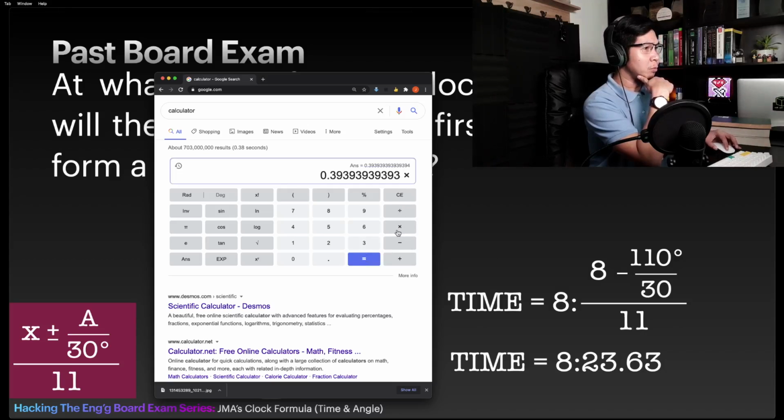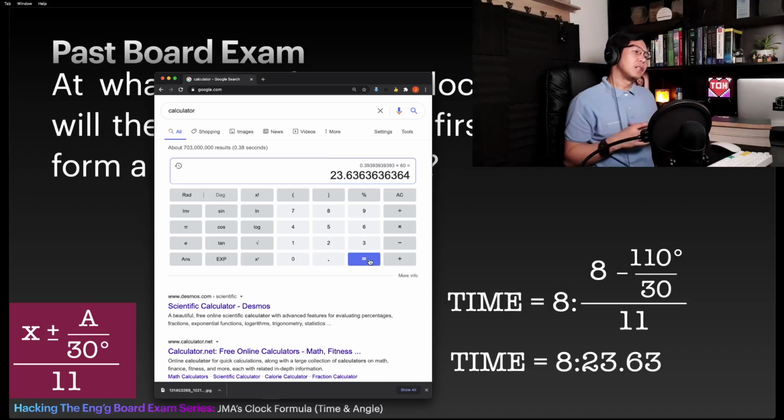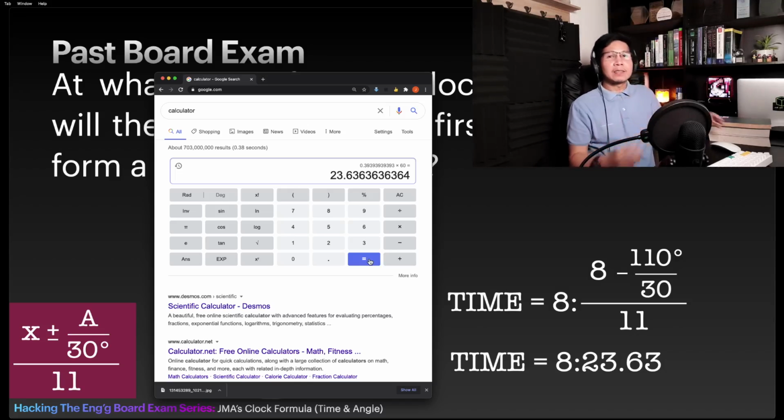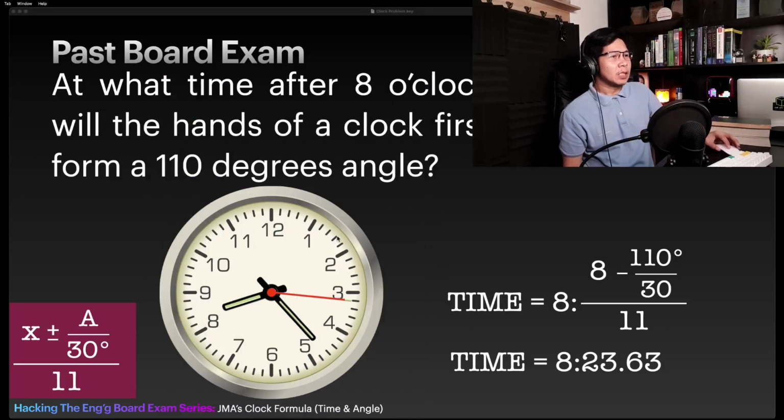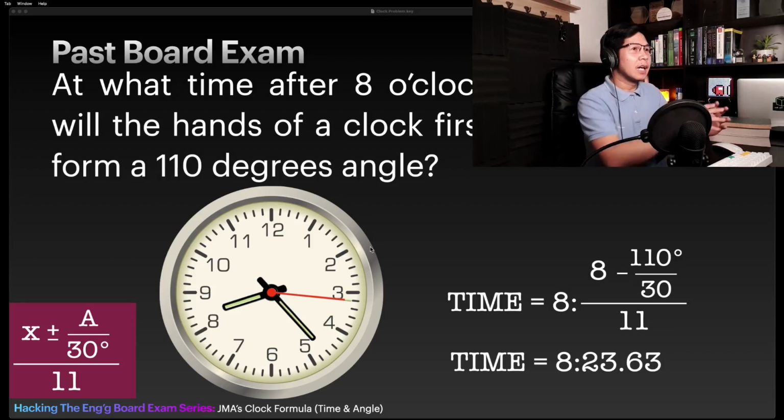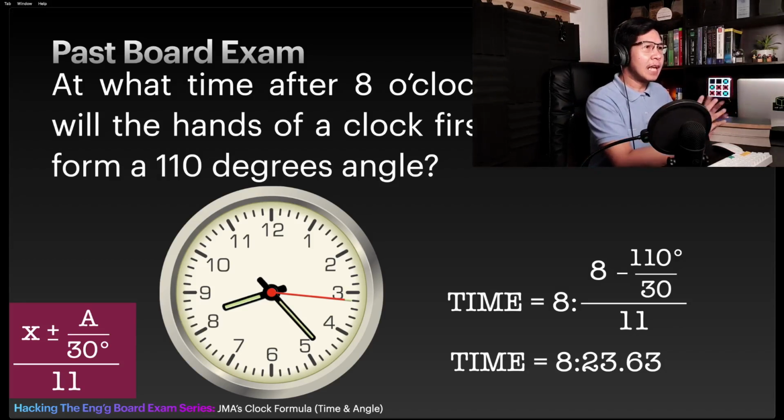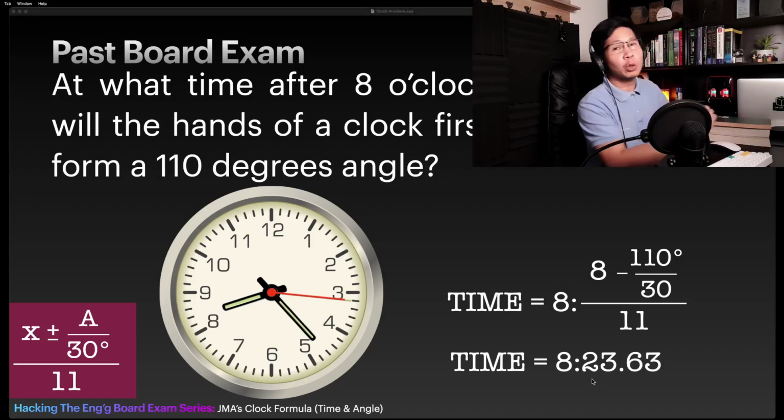But, we need to convert this back to minutes, as we have discussed. So, that's 8:23. Kung ito'y board exam question, at what time after 8 o'clock will the hands of a clock first form a 110 degrees? So, yung first instance na magpo-form siya na 110 degrees is at 8:23.